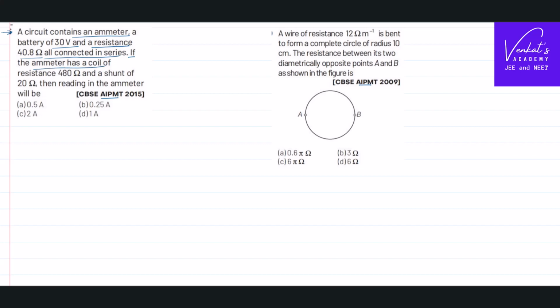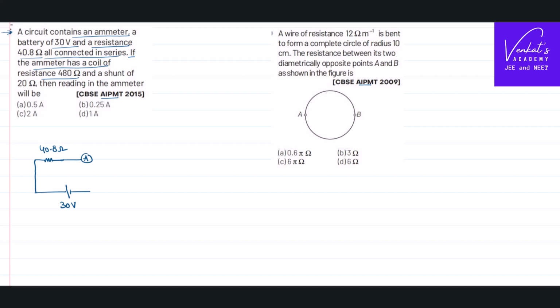If the ammeter has a coil of resistance 480 ohms. So, if I have to draw that as a circuit, I have to draw like this. There is a circuit with a battery of 30 volts. It contains a resistance 40.8 ohms, all in series, that is why I am drawing them in series, and an ammeter.